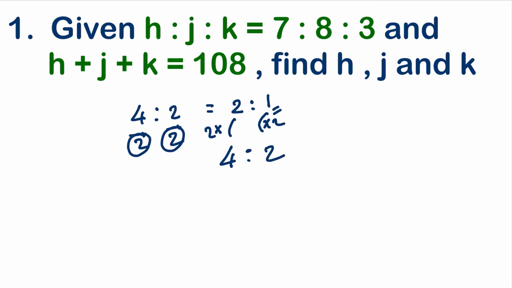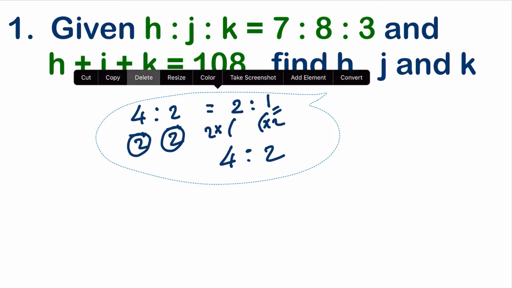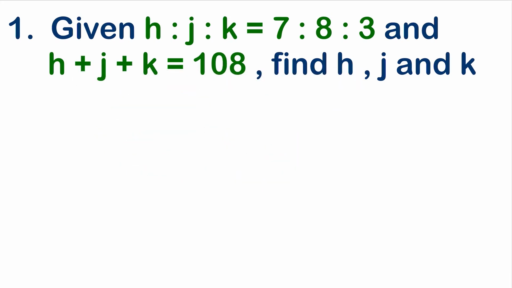So this ratio was simplified by a certain number, just like we divided all by 2 or multiplied by 2. We need to know the number that we are going to multiply to this ratio, that if we sum them up, is going to give us 108.